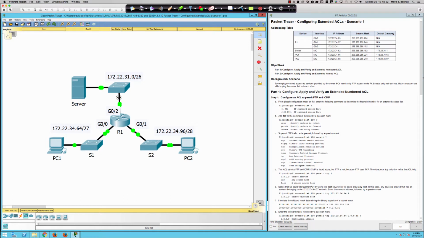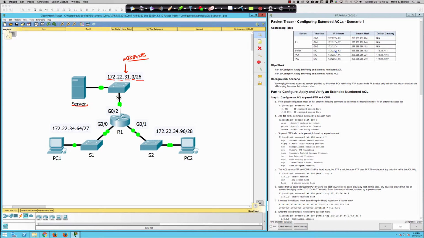All right, so here we have our topology, and the first thing that I noticed when I pulled this up, and this is definitely worth noting, is that there is clearly an issue. That has to be a mistake. What I mean by that is it says 172.22.31.0/26, that is the subnet here that the server sits on.